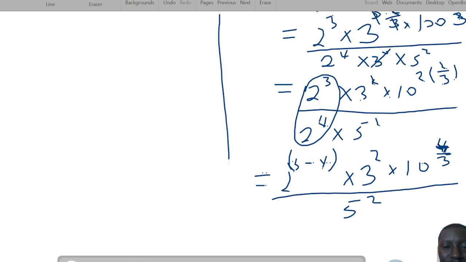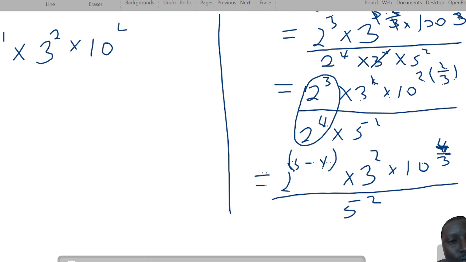So class, once we do that, I want to write it on this other end. That's going to be 2 to the power of negative 1, then times 3 to the power of 2, then times 10 to the power of 4 all over 3.